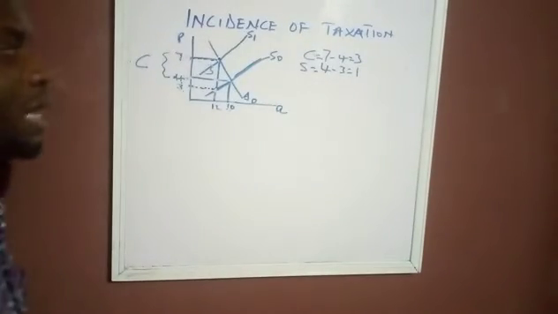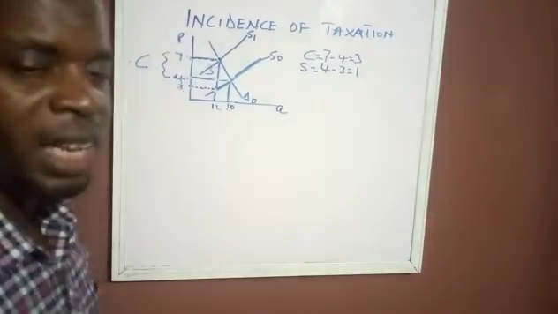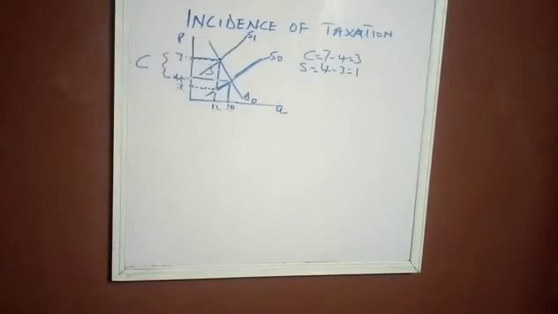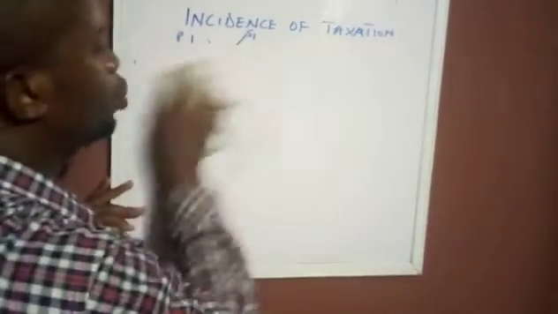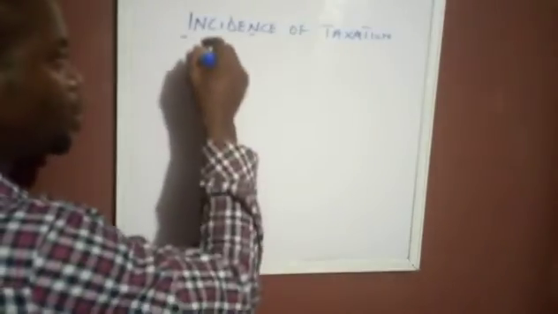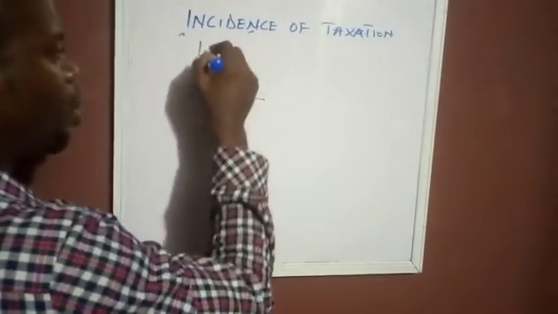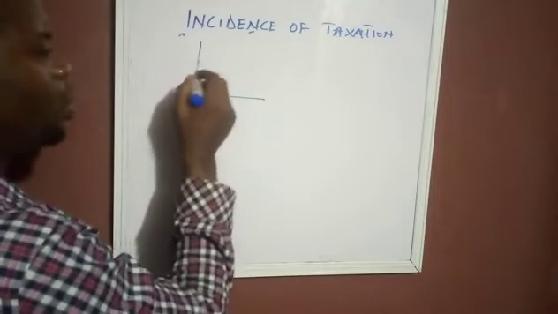So let's quickly look at when we have fairly elastic demand. Don't forget I said what we need to do first is to draw your fairly elastic curve. How do you draw a fairly elastic curve?